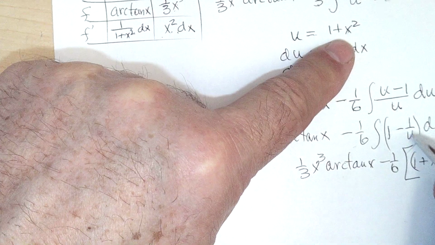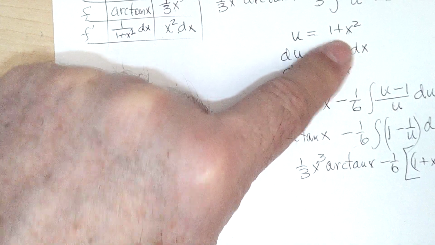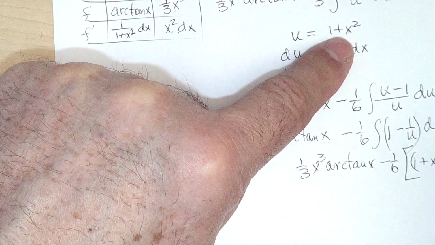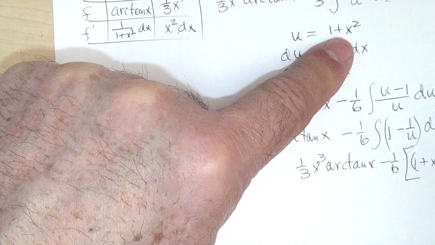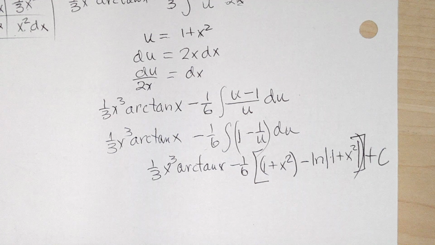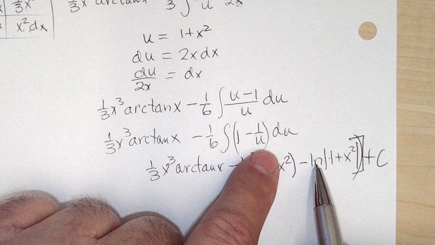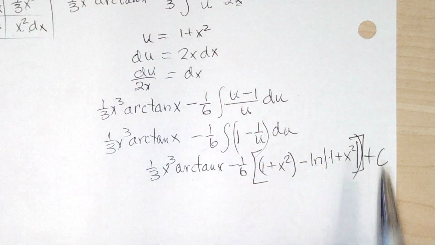And then of 1 over u is ln of u, and that would be 1 plus x squared plus c. 1 over u is ln of what u was.